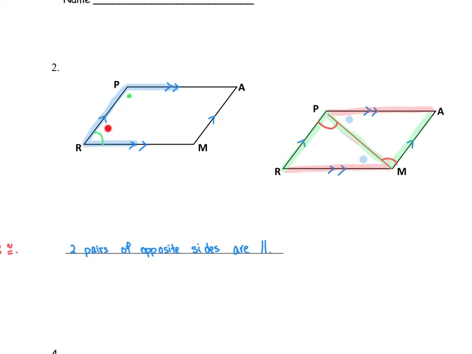It means they add up to give you 180 degrees. So one thing that you can notice every time you have a parallelogram is that consecutive angles are supplementary, which means add up to give you 180 degrees, because of the same side interior.